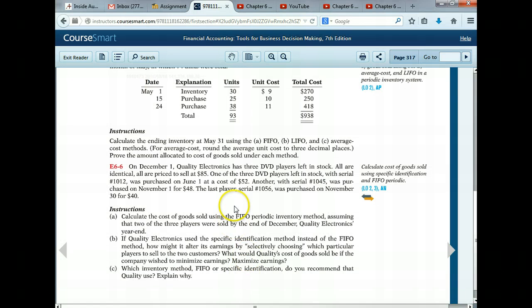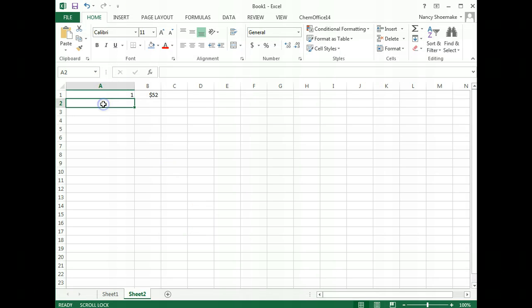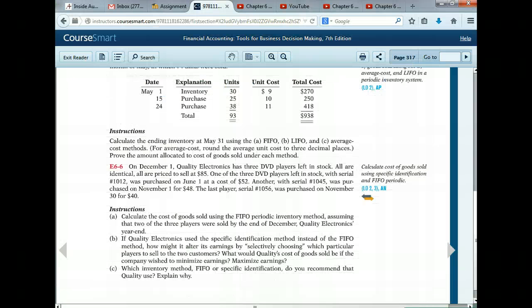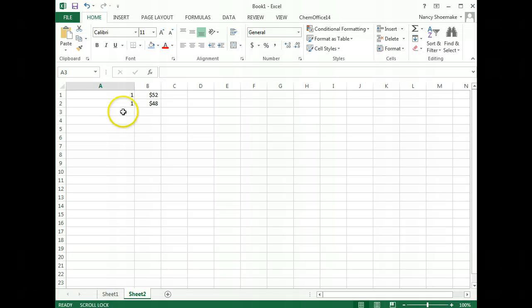The next unit, November 1st for $48. And the last unit, November 30th for $40.